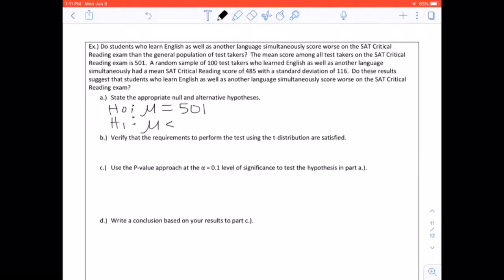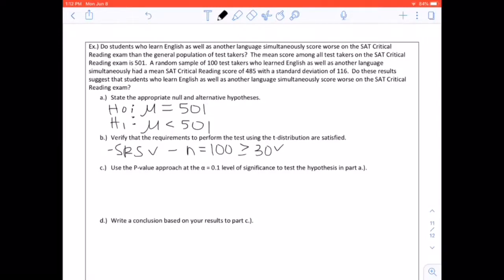So that'd be less than 501. Part B says to verify that the requirements to perform the test using the t-distribution are satisfied. So yes, this is a simple random sample, and our sample is of 100 students, which is greater than or equal to 30. So we are able to perform our test.